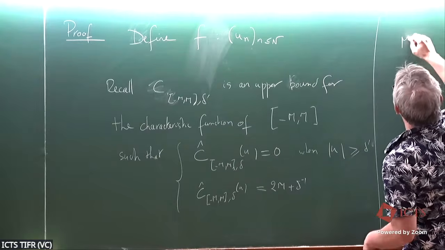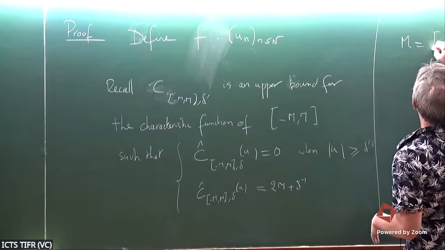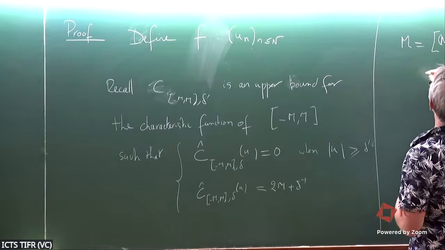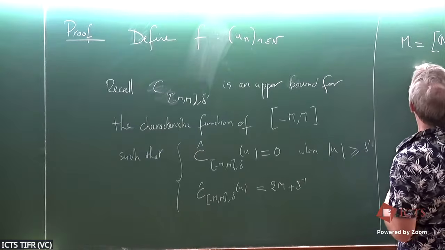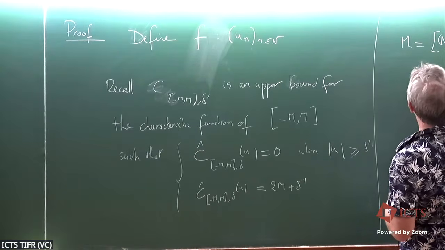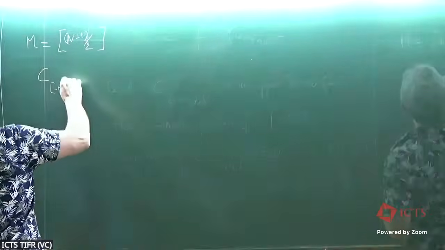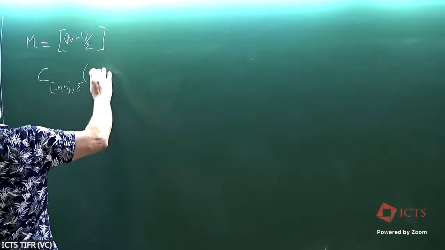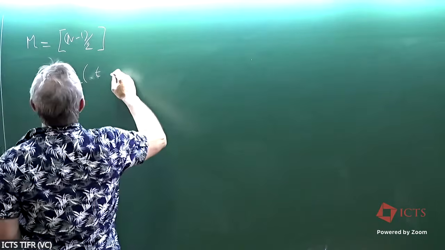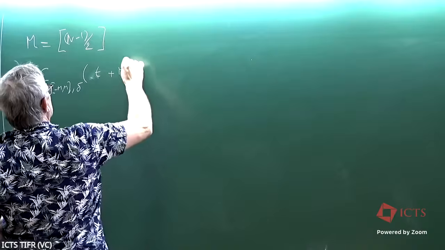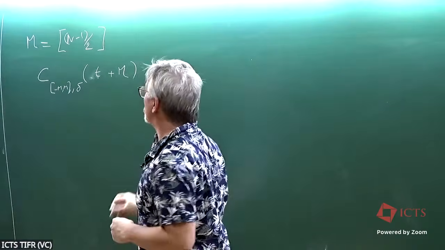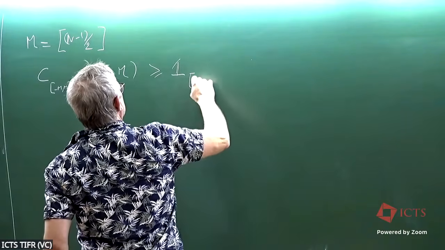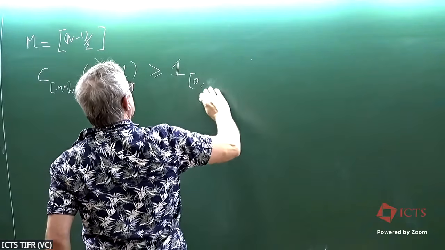You have to put m equal integer part of n minus 1 by 2, I think, and look at c of minus m, m, delta of n of t plus m. Okay. That's an upper bound for the characteristic function of 1, n.